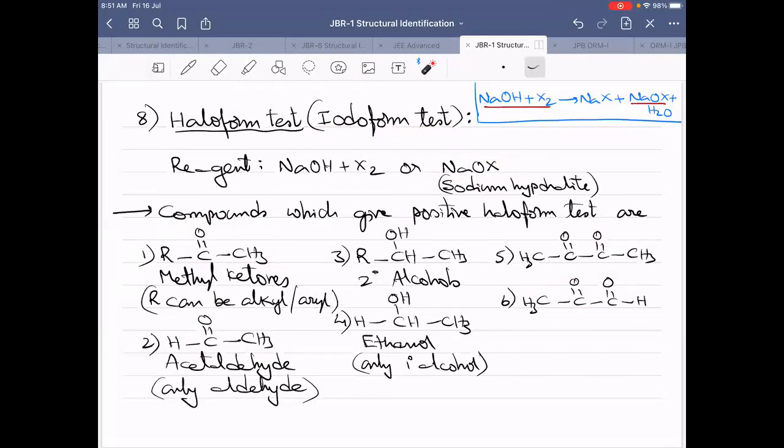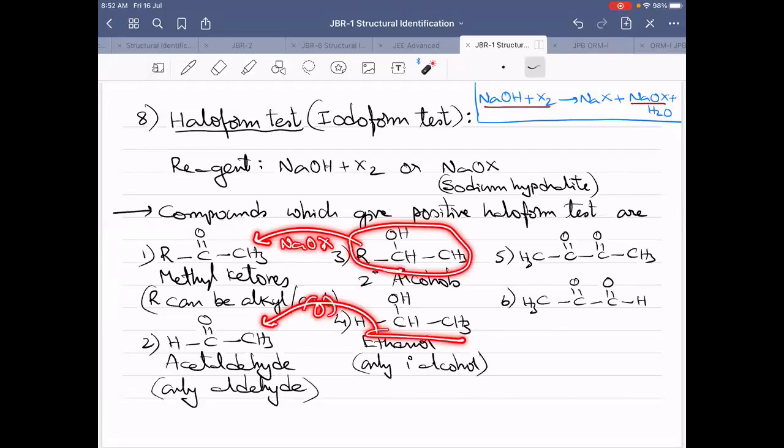That is why microbes are broken down and killed because of that oxidizing nature. Like that, here sodium hypohalite, NaOX, will oxidize the secondary alcohol into this compound, and this ethanol also will be oxidized into this compound.